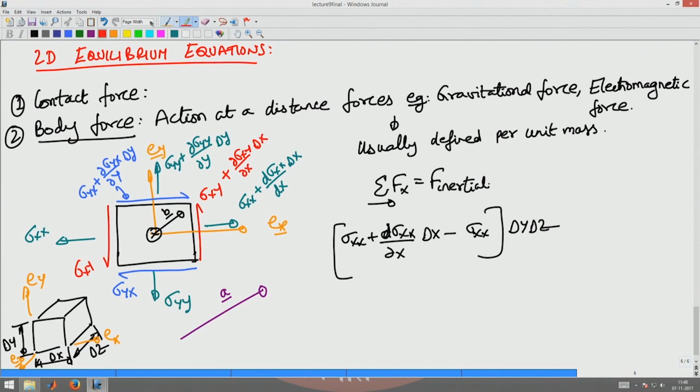The other component of the force would be this sigma yx component, which is acting on the top plane, hence this area would be delta x times delta z.